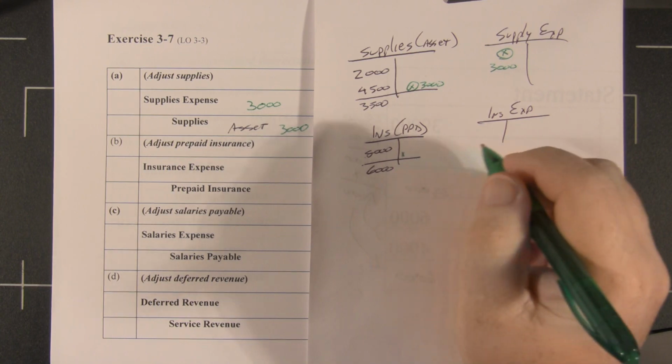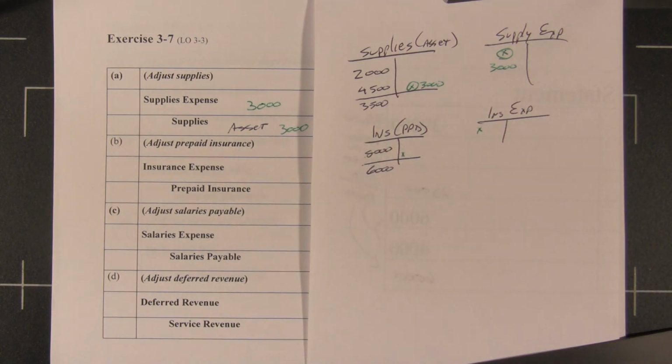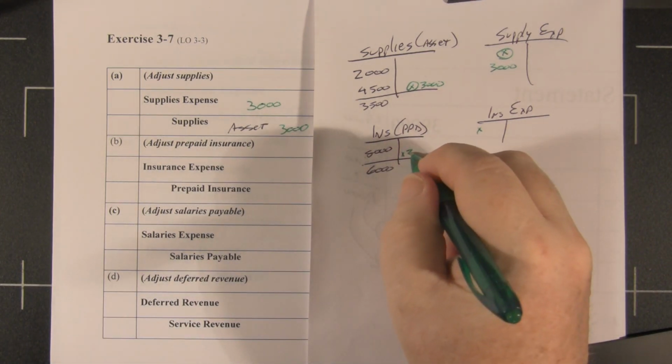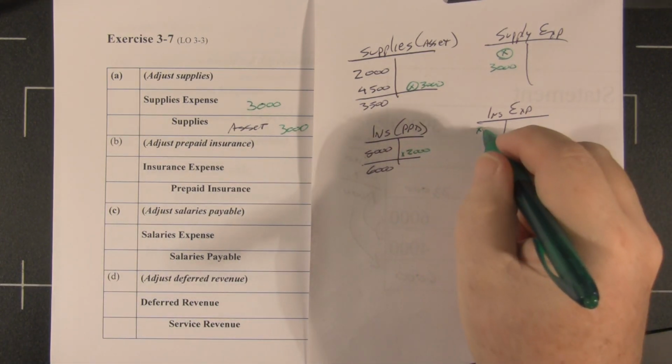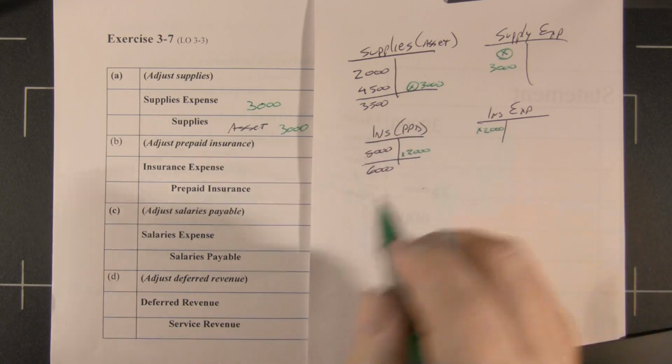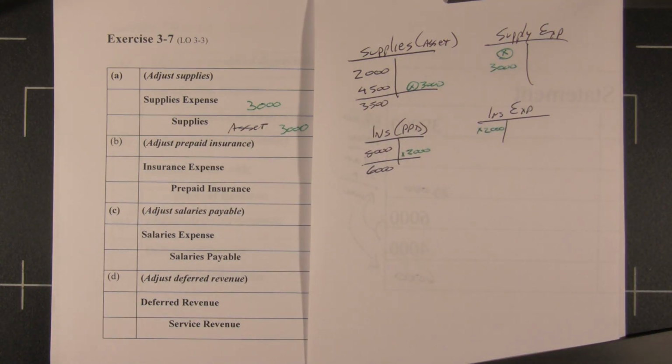So again, we're looking for this number right here. So if we had $8,000 and we ended up with $6,000, clearly $2,000 was used up. That's a $2,000 credit to prepaid insurance, a $2,000 debit to insurance expense.